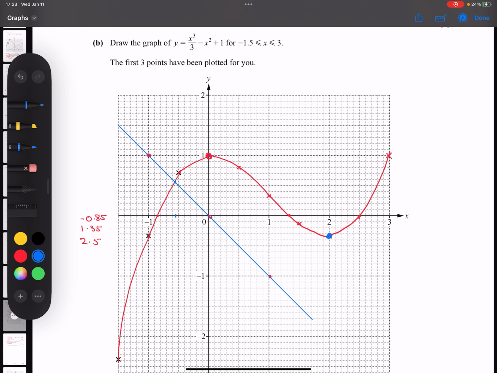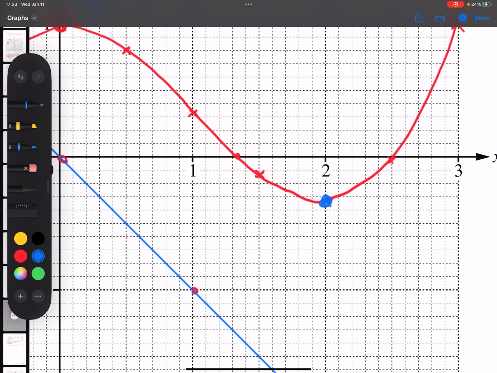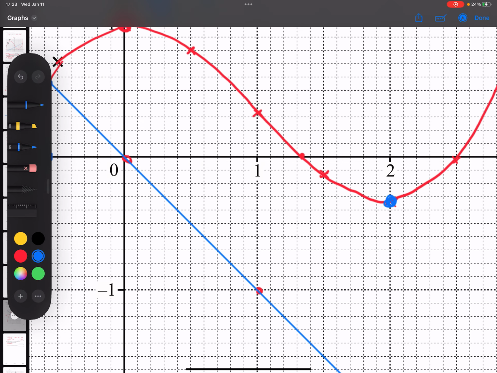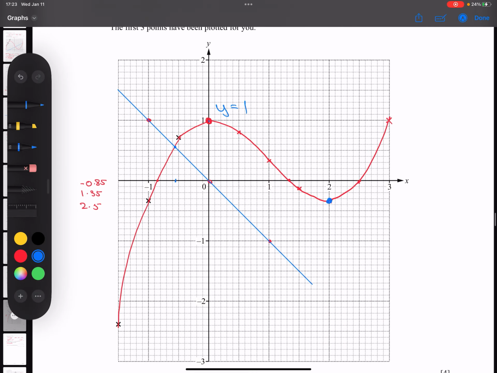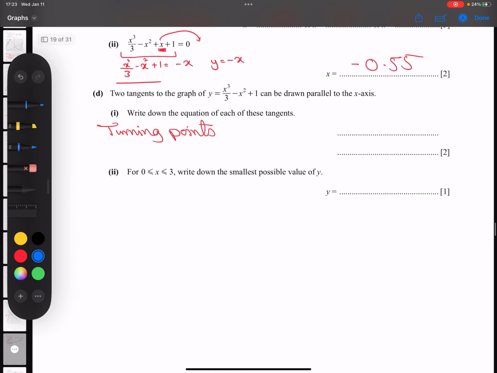Okay, because you take it from the y-axis. So y equals to 1 is the first equation of the tangent. The second one is 0.1, 2, 3, 0.35, negative 0.35, something like that. That's the second point. So y equals to 1, y equals to negative 0.35.